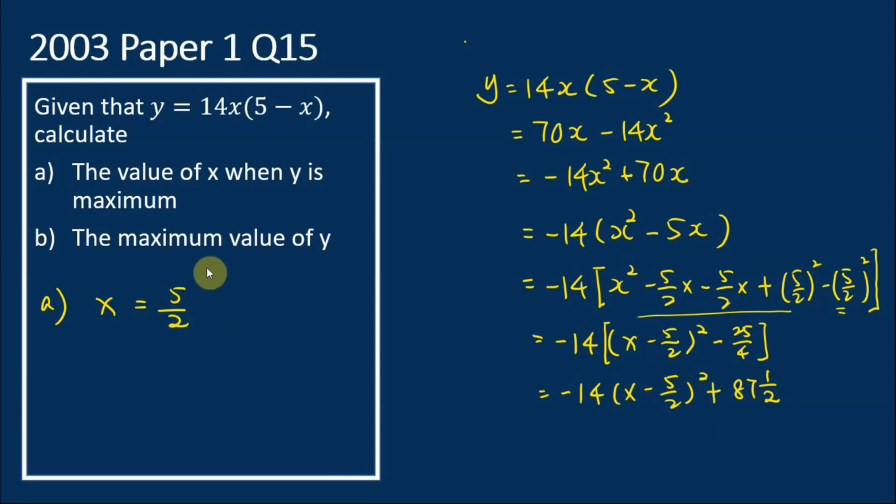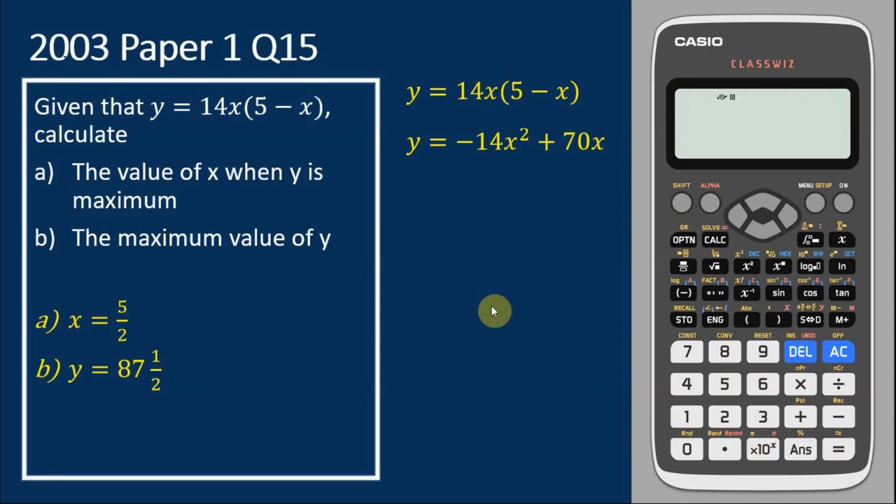And the maximum value of y will be equal to the constant outside the bracket, which is 87 1 over 2. So that's how we find the coordinates of the maximum from the vertex form. So now we already have the answer: x equals 5 over 2 when y is maximum, and the maximum value of y is 87 1 over 2.